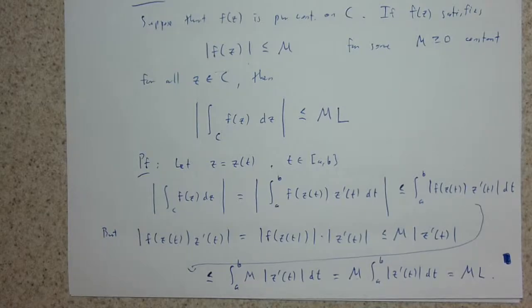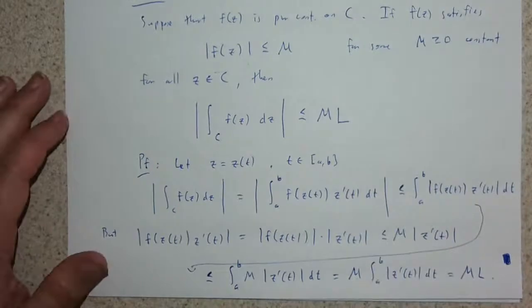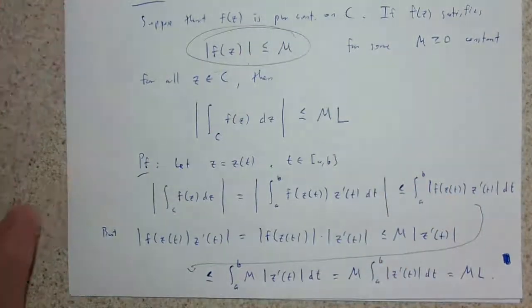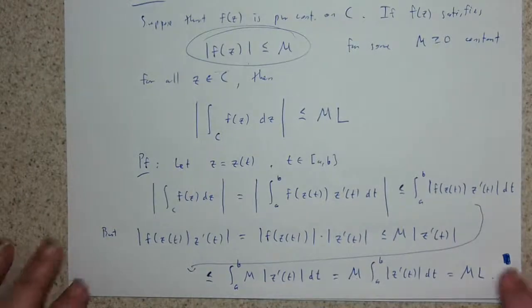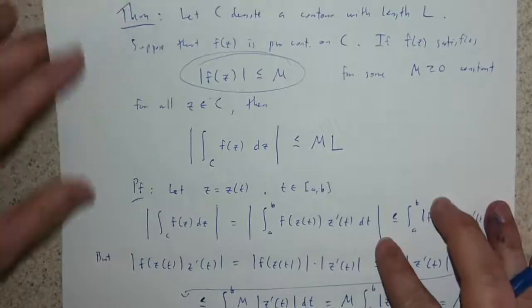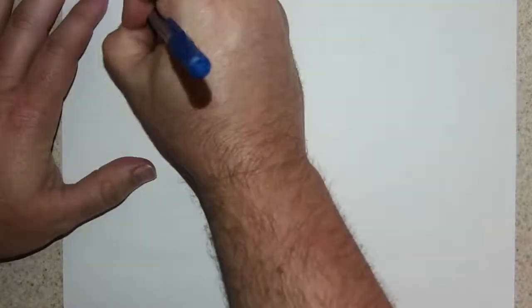And so, why are we happy with this result? Because this seems like a very restrictive condition. So why are we happy with this result? That's a good question. Maybe I'll write that down.